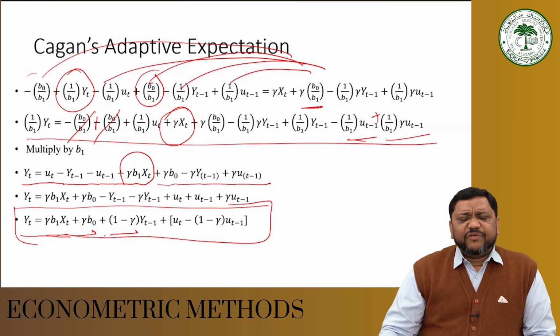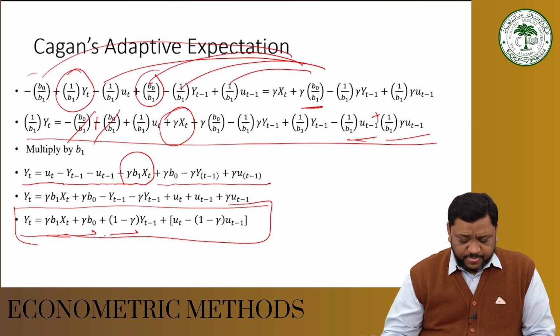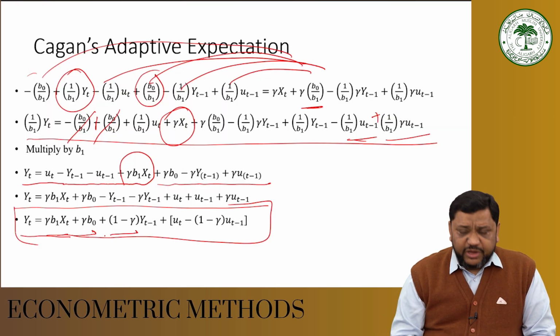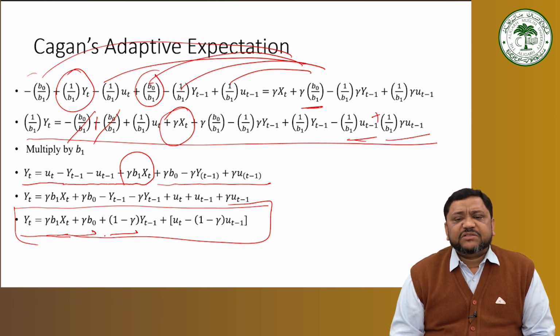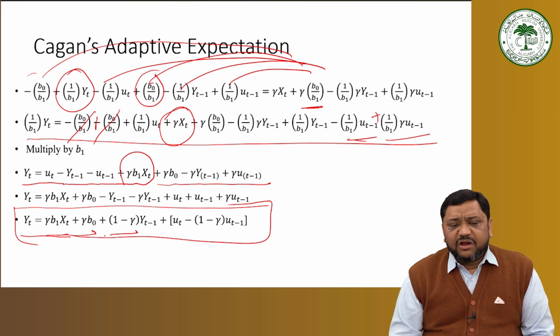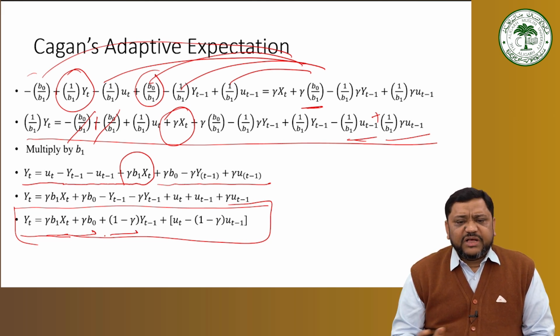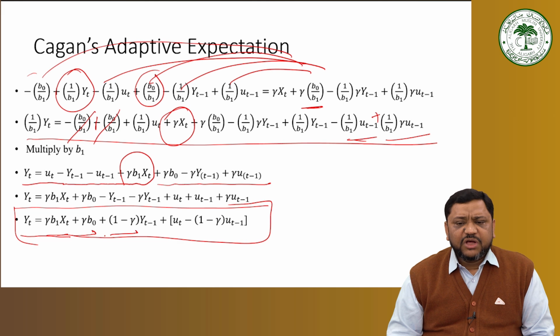So basically, when we do this, we arrive at the same expression which contains the same variables as the Koyck model and as Nerlove's partial adjustment model. All three assume the same lag scheme, that is, a declining geometric pattern for the lag coefficients.